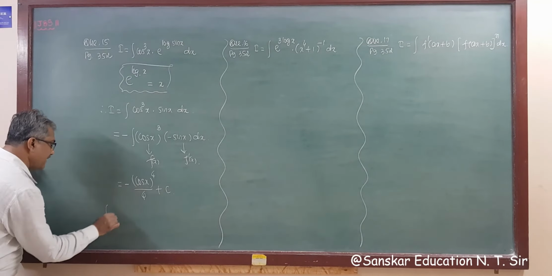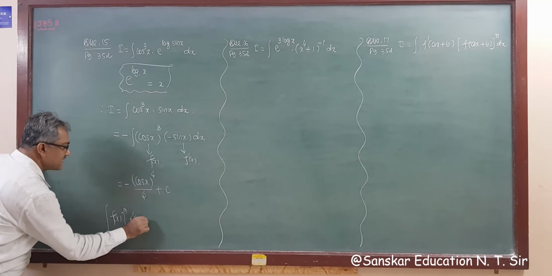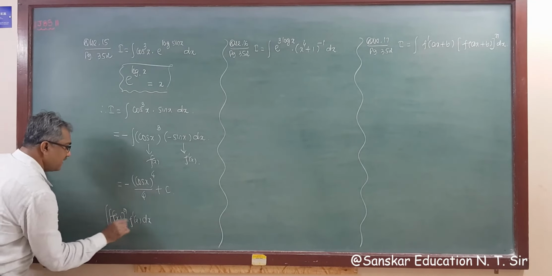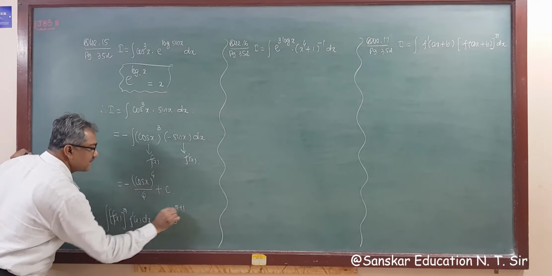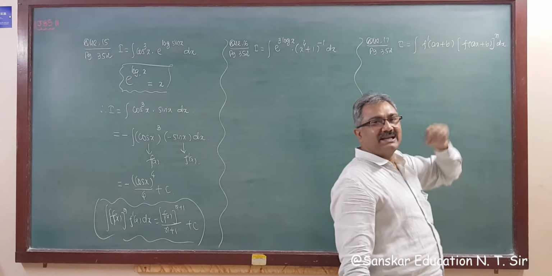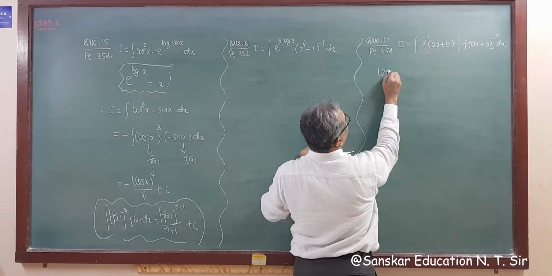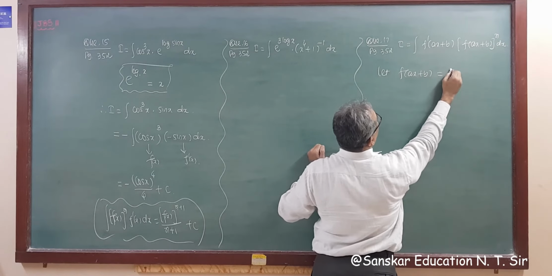You have this formula, integration f x raised to n into f dash x dx, then the answer is f of x raised to n plus 1 whole upon n plus 1 plus c. This is your formula and we apply this formula here, and we are going to prove this formula here also. So assume that f of ax plus b is equal to t.